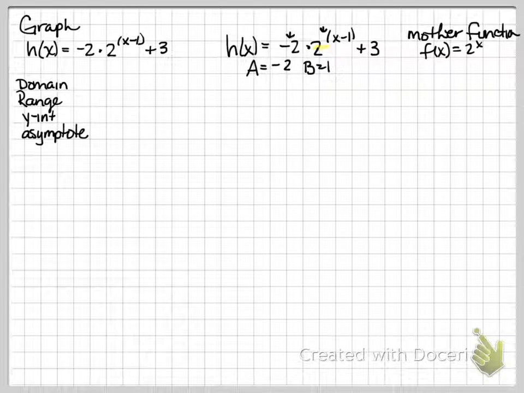So let me mark this. So this is actually a, b, c, and d. So c is going to be positive 1. Remember, anything inside the parentheses, you change the sign. And d is going to be equal to 3.